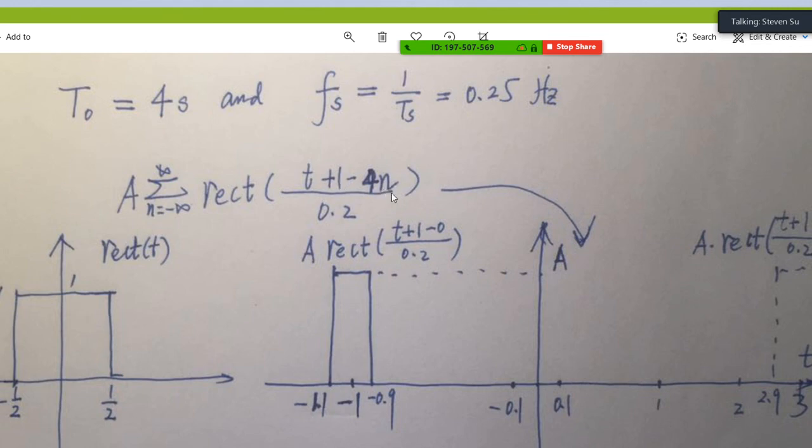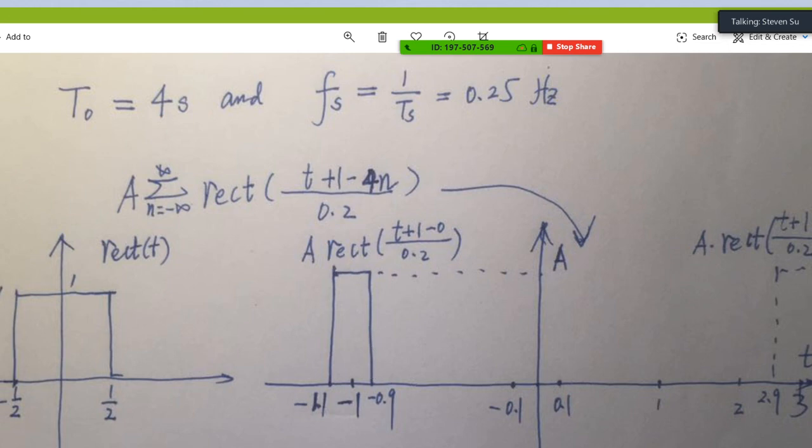For example, if n equals 0, you get this one: t plus 1. So the shift is to the left hand side by 1. So you put a minus 1 here, and this is the width of the rect function, 0.2. So you have from minus 1.1 to minus 0.9. So this is one period.